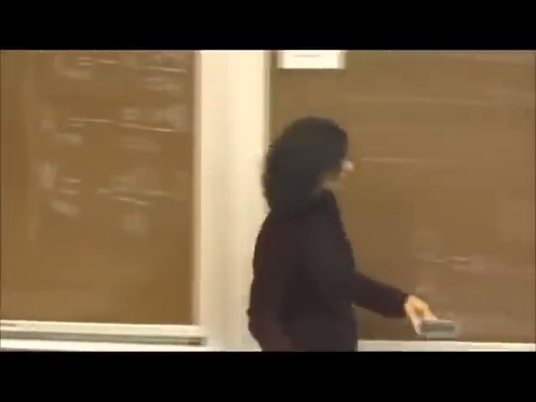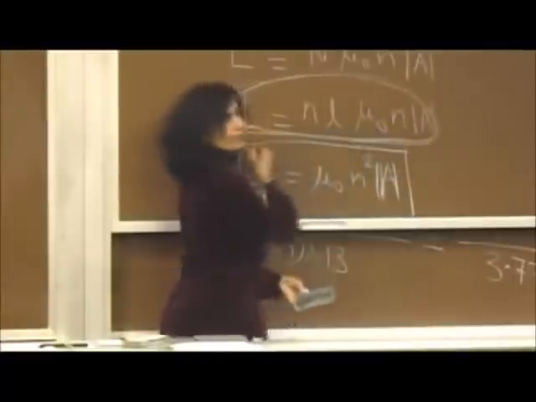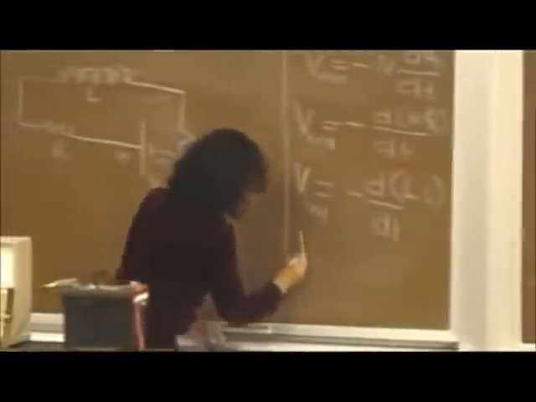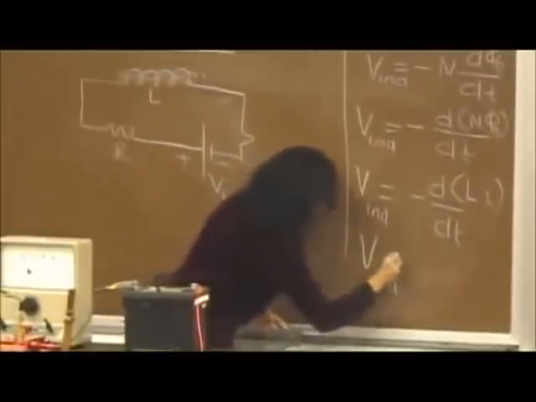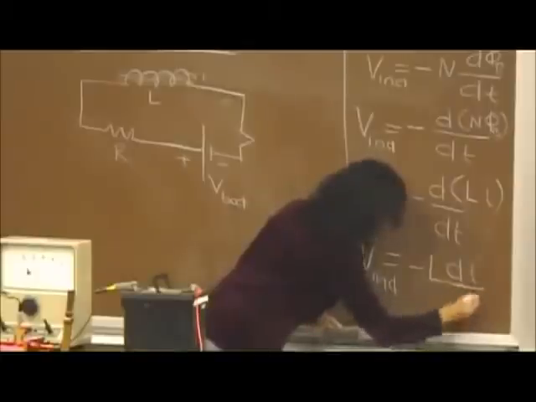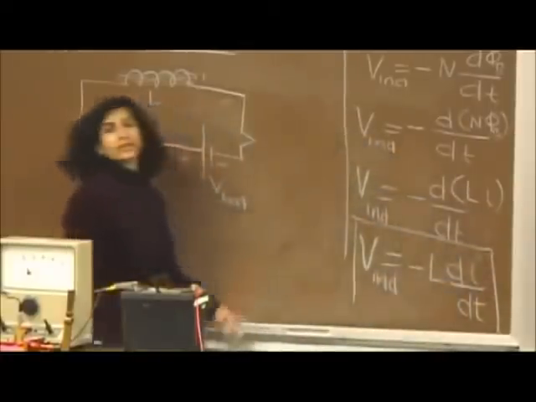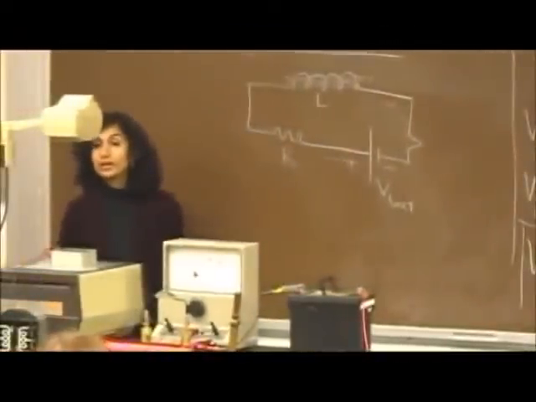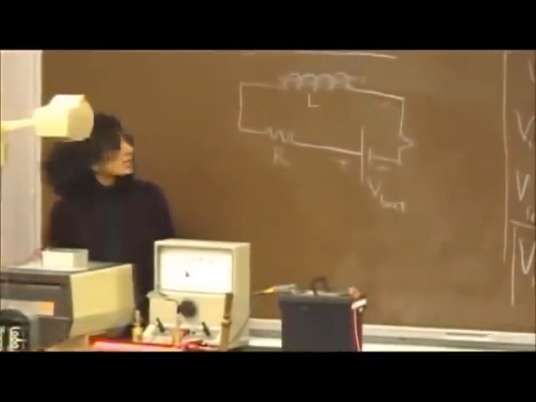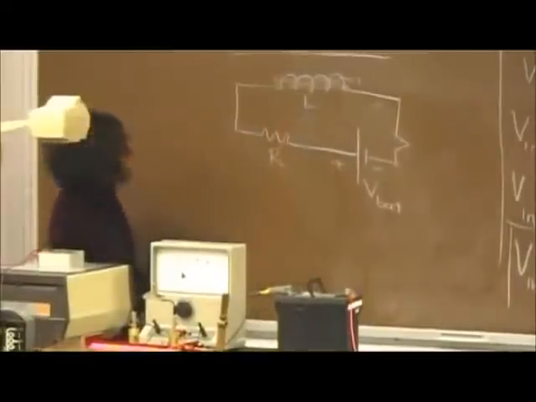In fact, I showed you that L is a constant. If L is a constant, I can pull it out, and what I find is that the induced EMF is minus L di over dt. This is the induced EMF through an inductor.